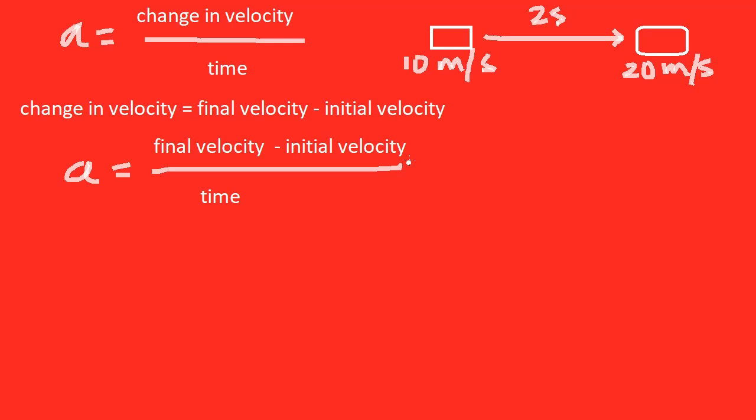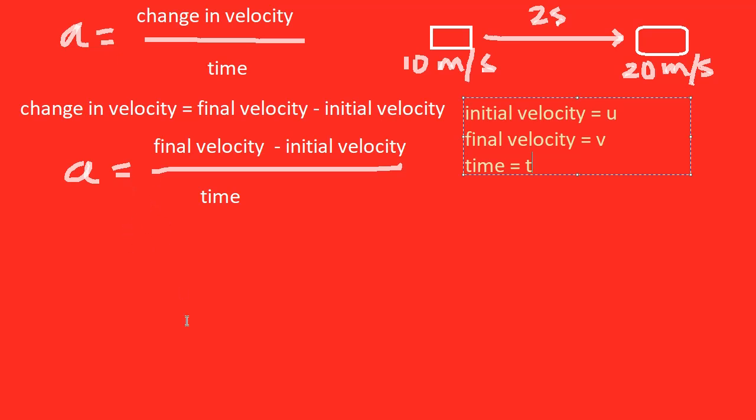Okay, now let us use some symbols for these things. Let us call the initial velocity, which the body was traveling with when we started watching it, u, and let us call the final velocity of the body v. We already call the time t, and the acceleration has already been taken to be a.